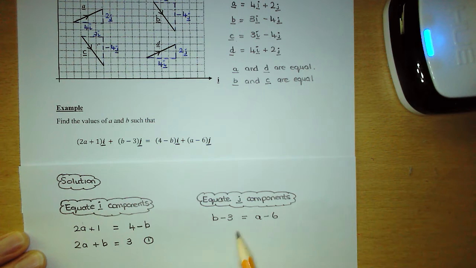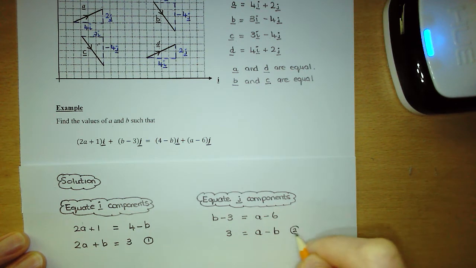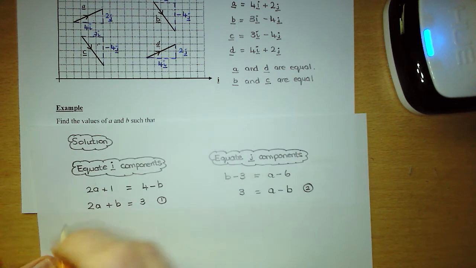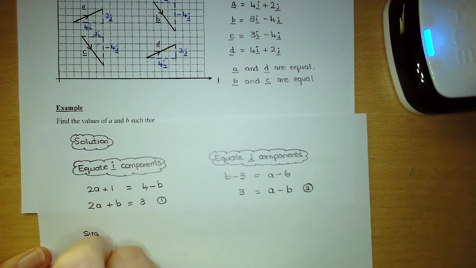So again, I'm going to bring the letters to one side and the numbers to the other. So we'll bring b over, so we're going to get a minus b on one side. And then bring your minus 6 over, minus 3 plus 6 is going to give us 3. And we'll call that equation 2. So you can see that we've got two simultaneous equations.